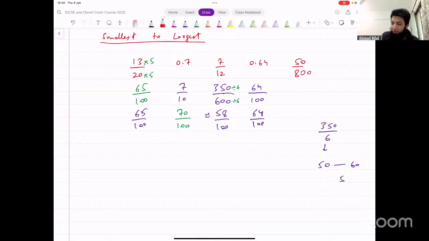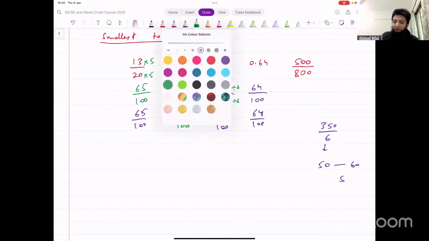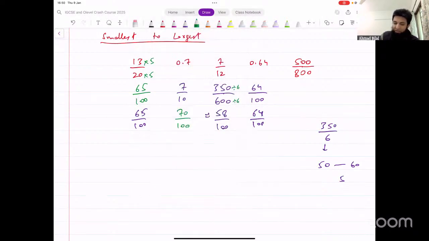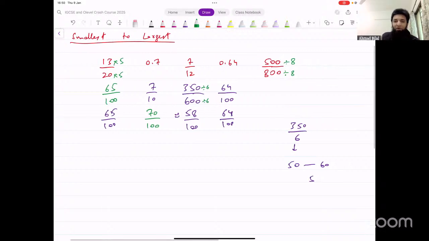If we add another 0, we get 500 over 80. Since we want to make 80 into 100, we can do 500 over 8 there. What would that be? 8 times 5 is 40. 8 times 6 is 48.